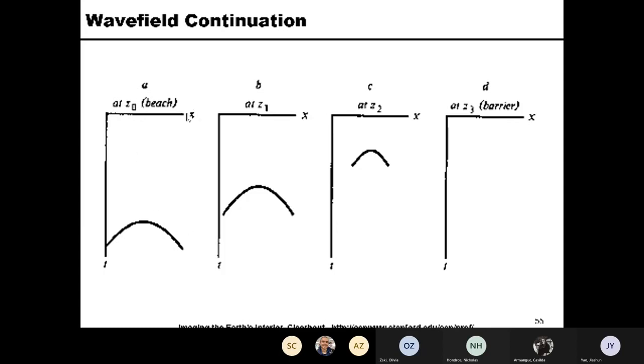But now the dam, you move towards your wavefront. When you move down from Z0 to Z1, the waveform becomes shorter, and at Z2 even shorter, and at some point this becomes one point.